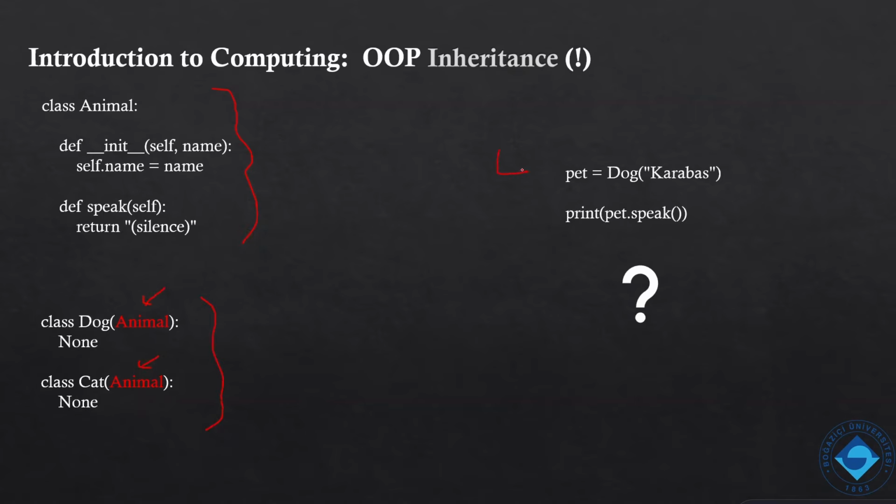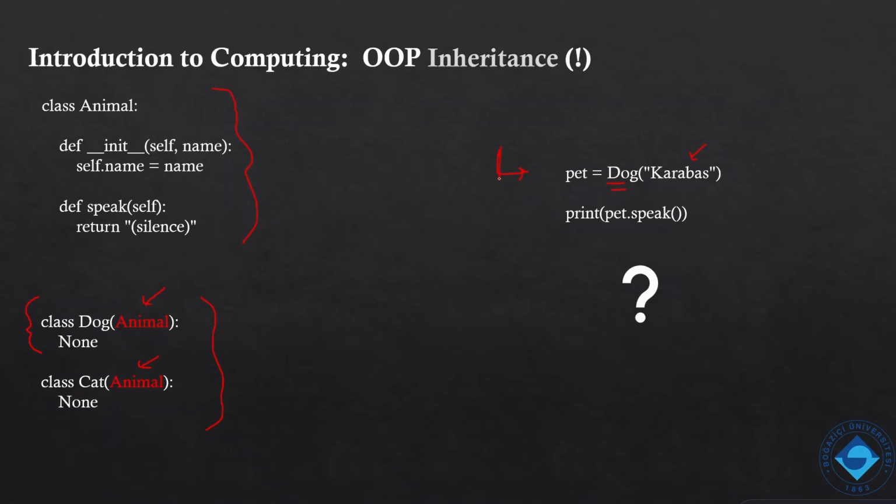And if I create my object under dog class, and I give the name Karabash, even the dog class, if you pay attention to this part, doesn't have any attributes, any functions, any behavior.